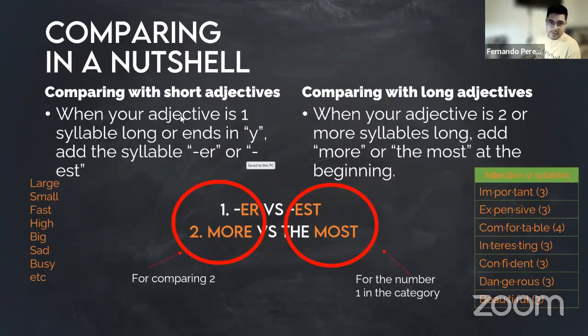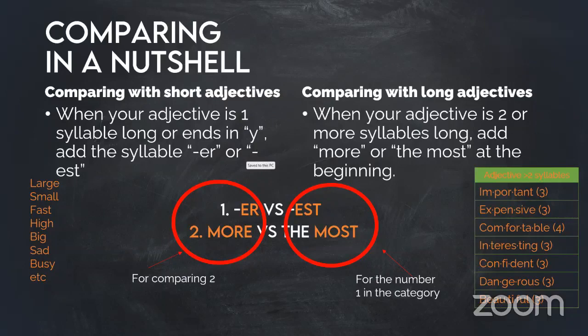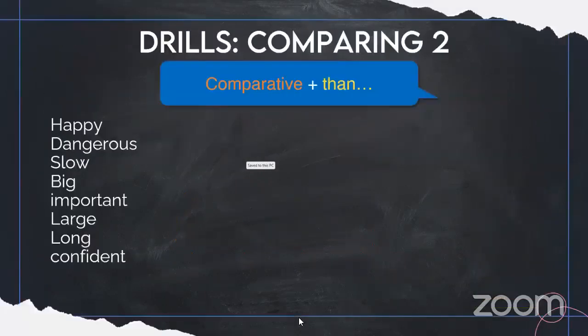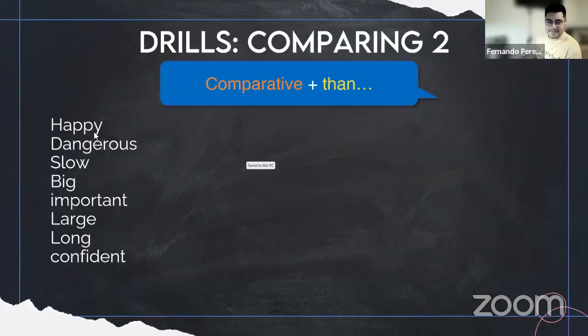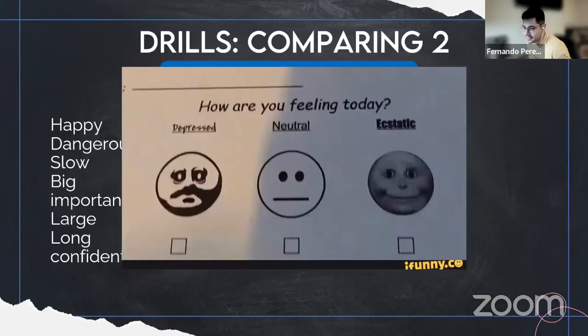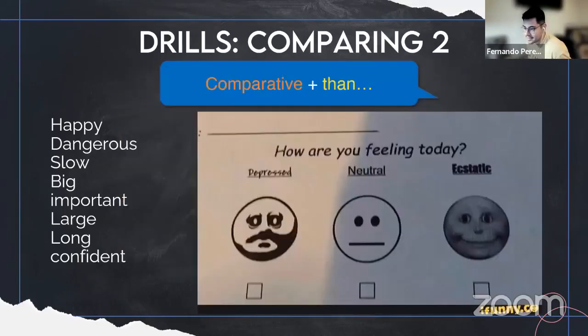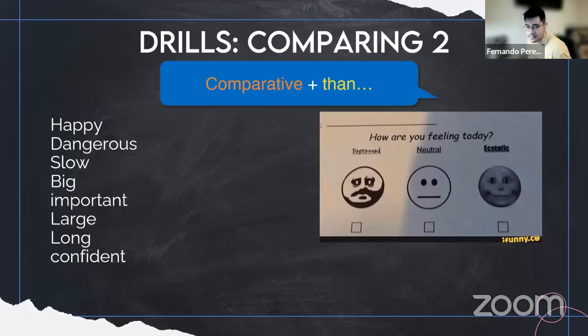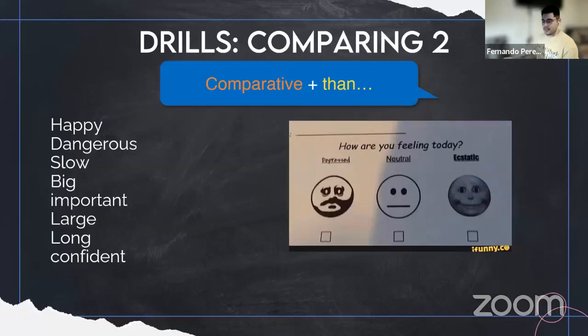Rule number one: when your adjective is one syllable long or ends in Y. In this case, it ends in Y, so change. Use this photo.